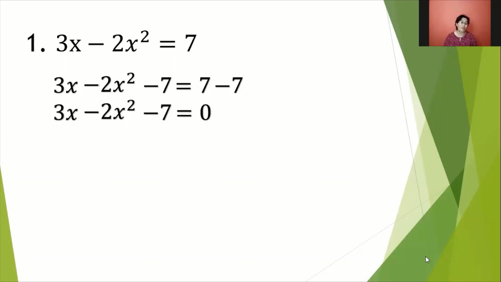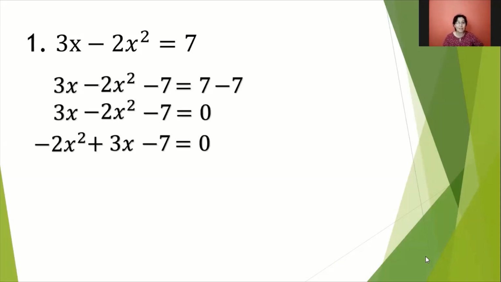Again, the first is the quadratic term. It becomes negative 2x squared plus 3x minus 7 is equal to 0. This is a quadratic equation in standard form. But since we are in the quadratic equation, see to it that the sign of the quadratic term is positive. But this is accepted. Okay?